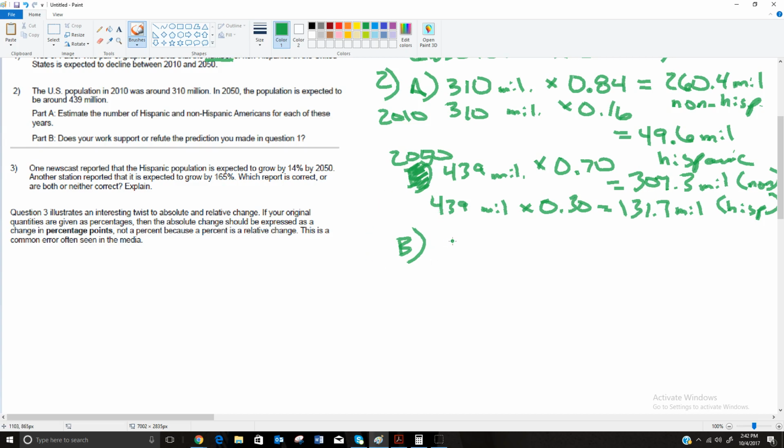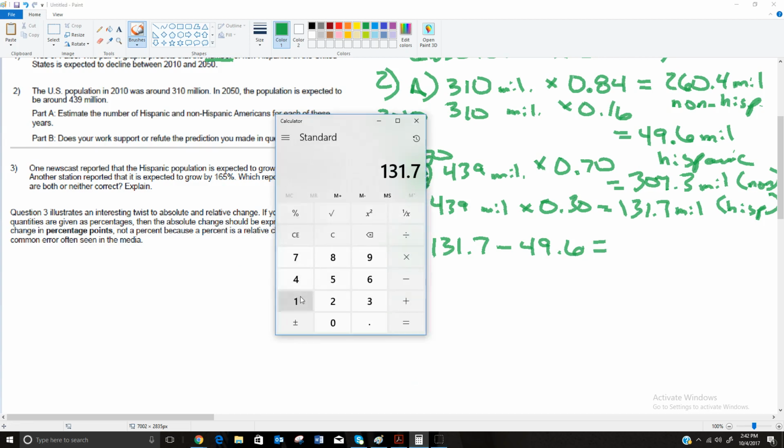And so if you look at that in terms of absolute growth, 131.7 minus 49.6, this is where it ended, this is where it started. That gets you... And if you can do stuff in your head, that's fantastic.